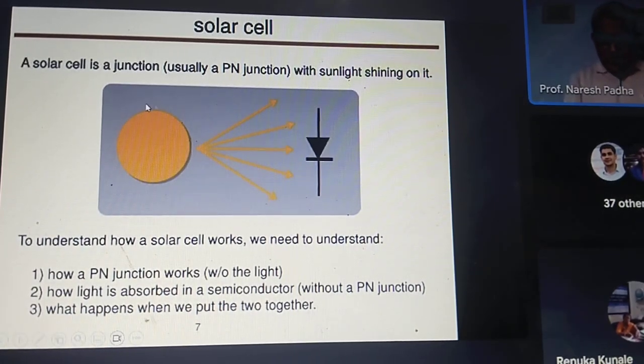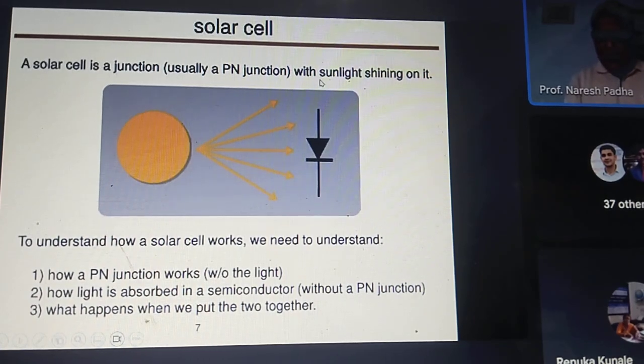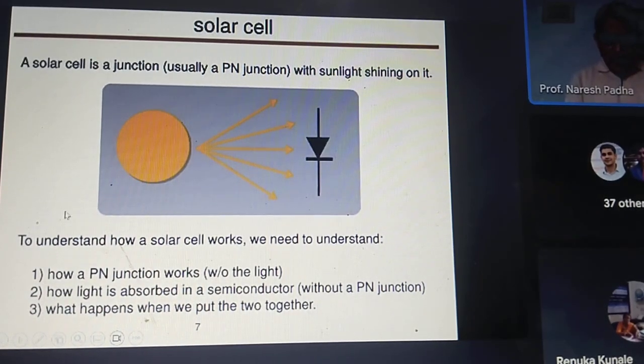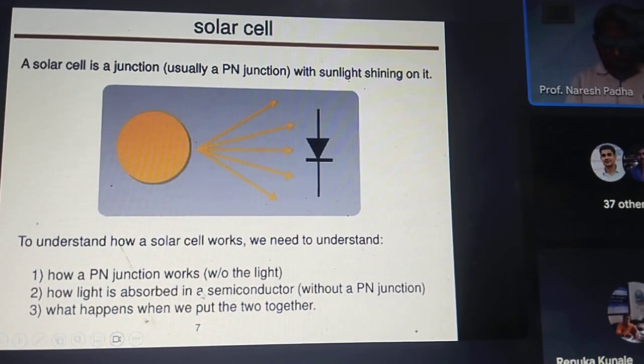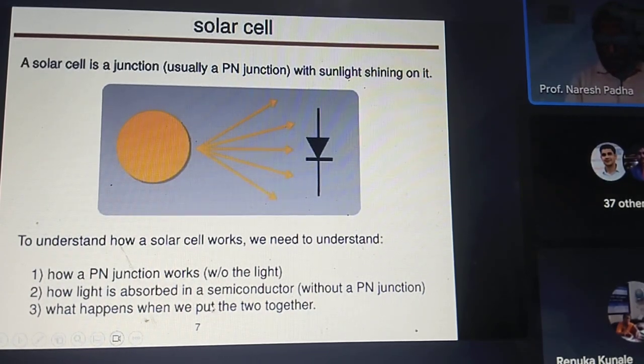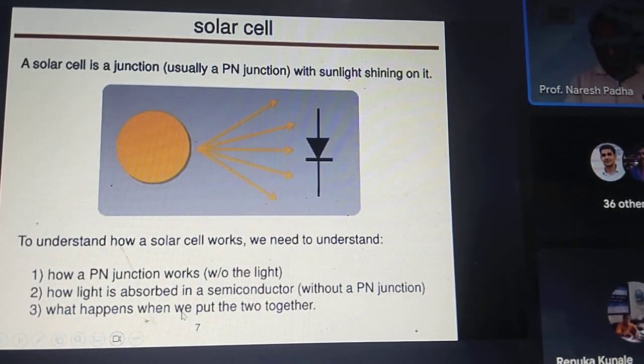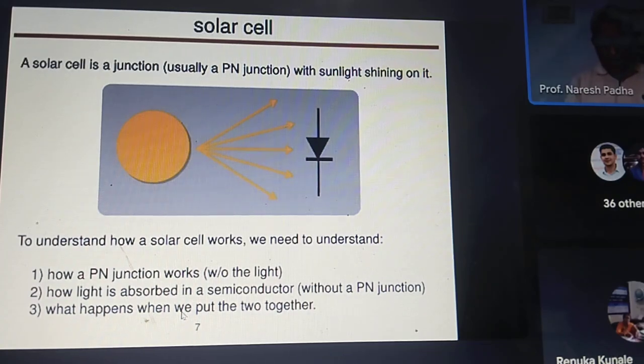And moreover, how should you proceed to understand the solar cell? A solar cell is a junction with sunlight shining on it, right? In order to understand the working of the solar cell, we need to understand how a PN junction works, which we have seen also. And what happens if light is absorbed in a semiconductor, that also we have studied a little bit. And what happens when these two effects occur simultaneously.